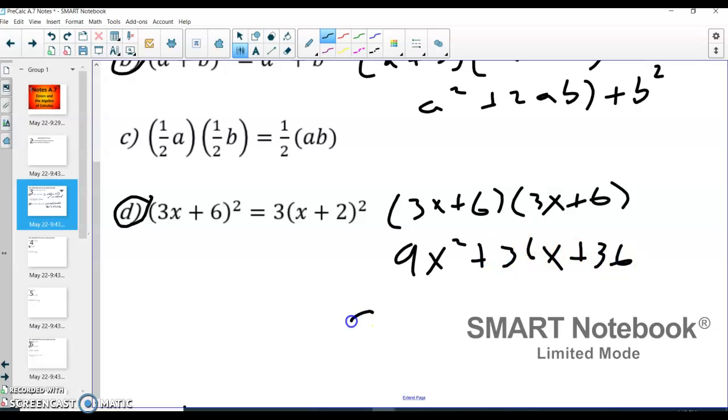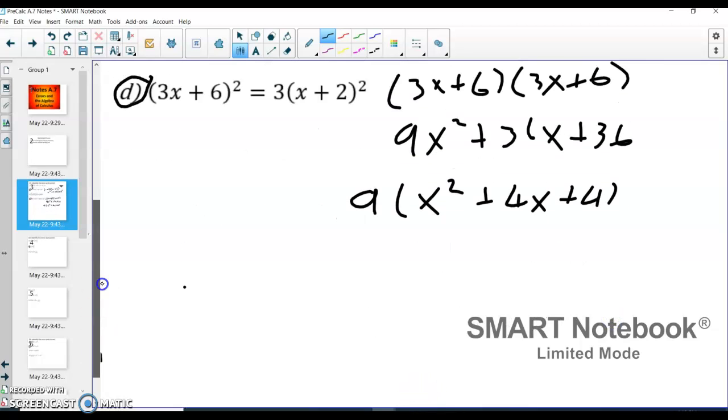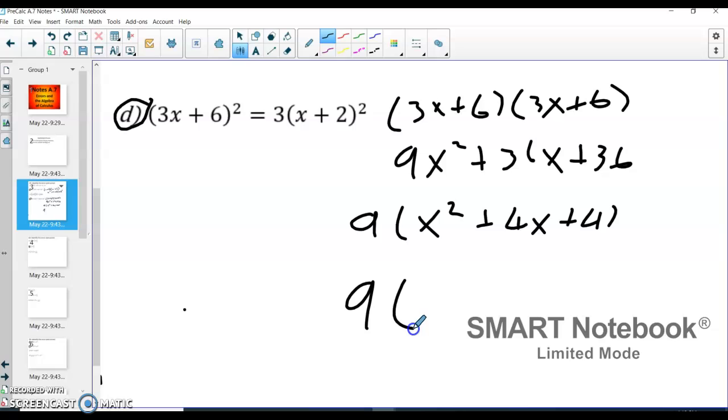I can factor out a 9, and I get x squared plus 4x plus 4. And oddly enough, this factors into x plus 2 squared. So we have something close to what is given here, but instead of a 3, we actually have a 9. So it's close, but not quite right.